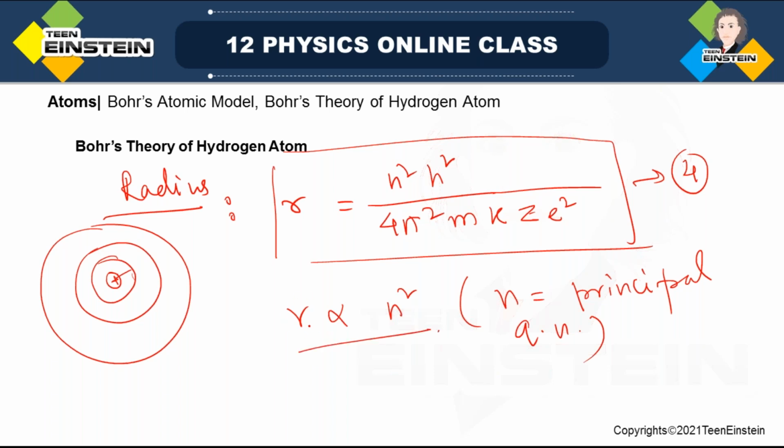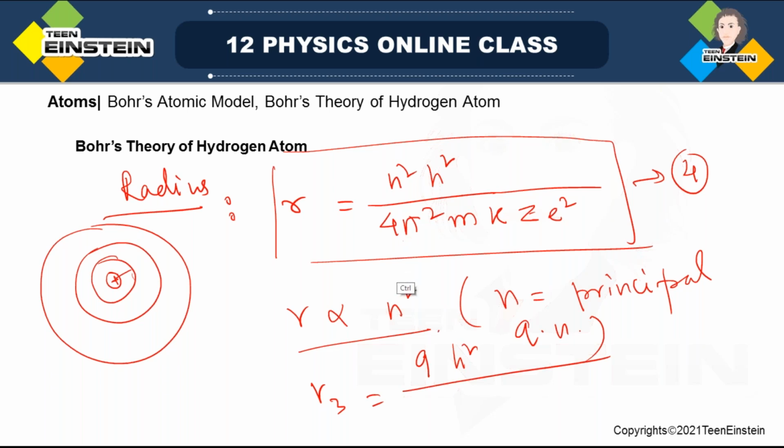Okay, principal quantum number. So look here, the radius of the orbits depends on the principal quantum number, and it varies as n². Now suppose n is equal to 3, then you will get r proportional to 9, and here you put h² and all those things.